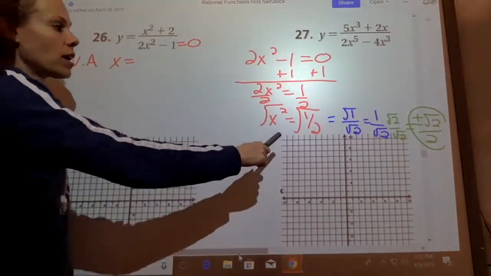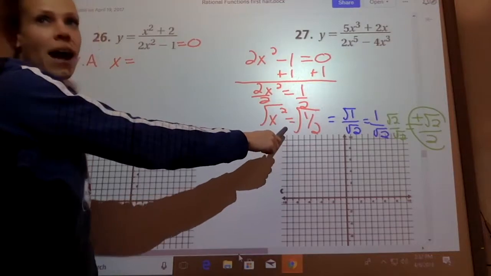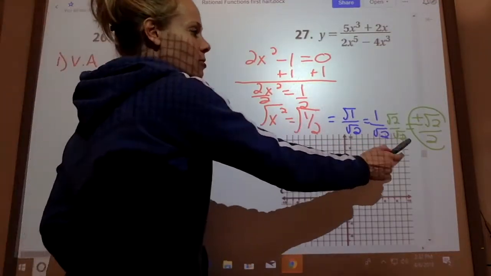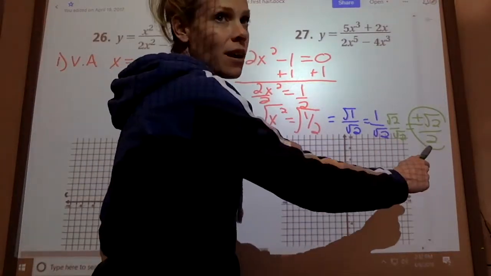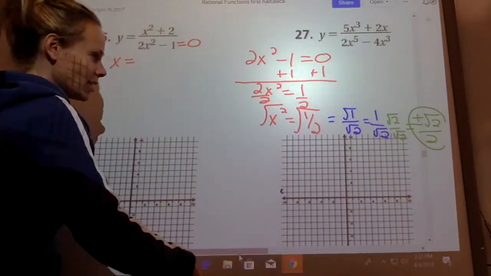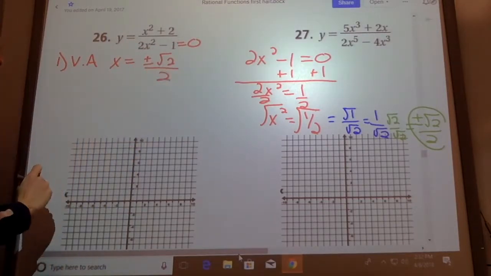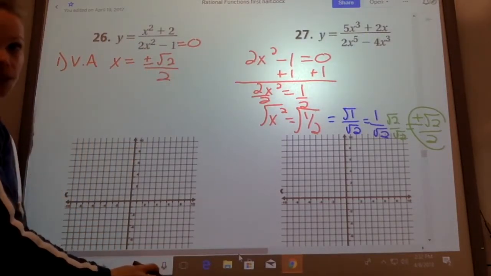That's what it should look like, not plus or minus square root of 1/2. That looks ugly. Square root of 1/2 is not how we write that in mathematics. We fix the denominator. So we'd have plus or minus square root 2 over 2. Those are my vertical asymptotes.